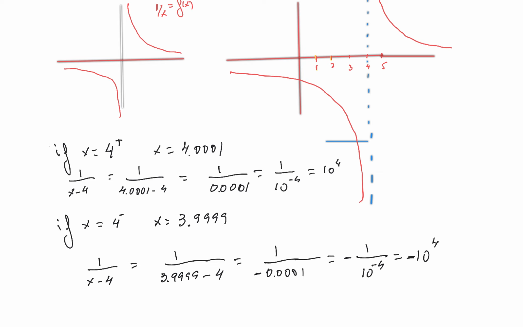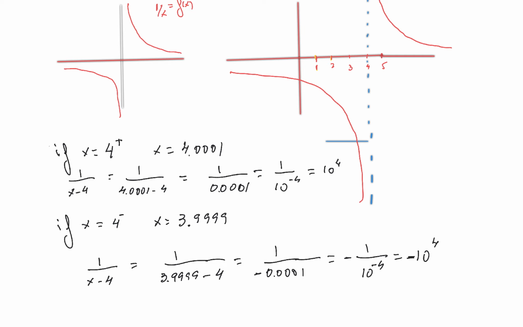If you take x equal 3.9999999 with many nines, you will go to minus 10 to the 10, maybe. You can arrive at infinity, so it means that the limit doesn't exist because you don't arrive at any fixed number.